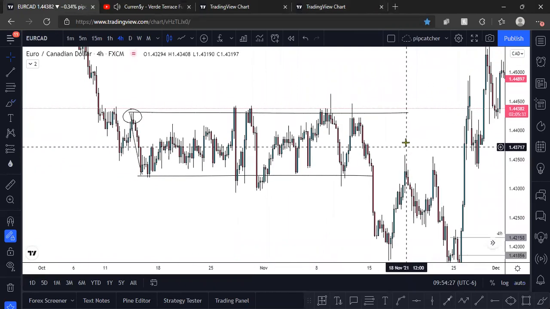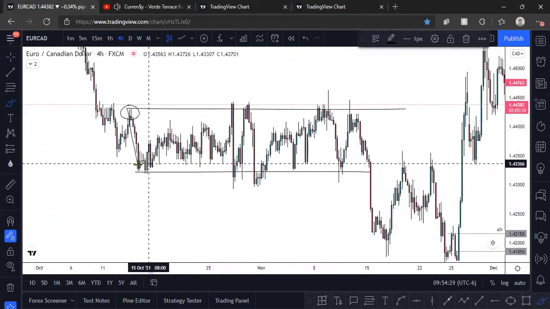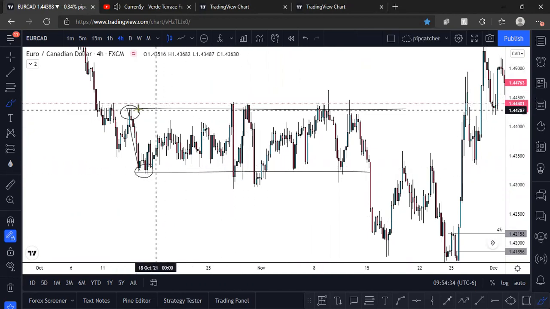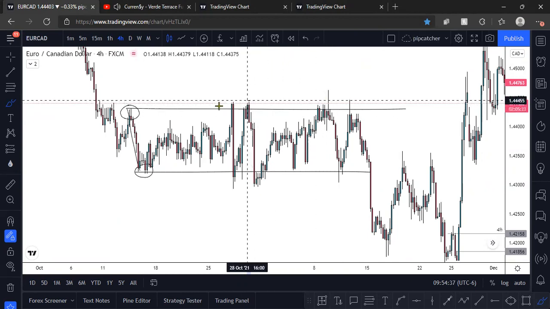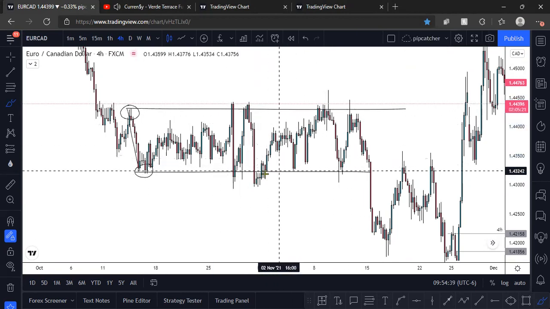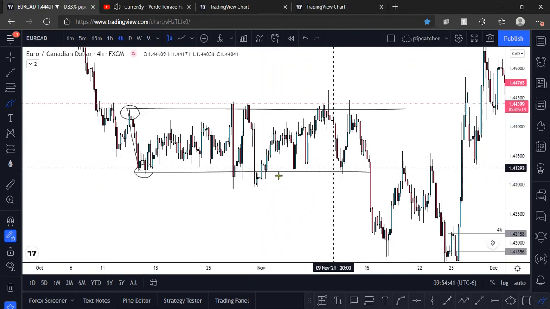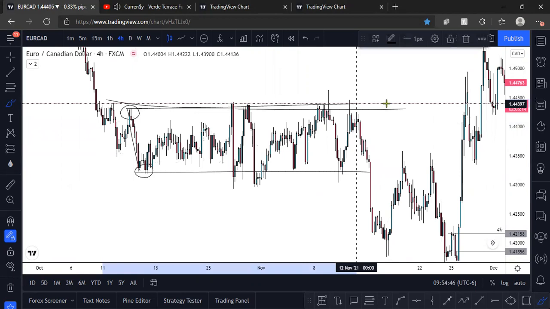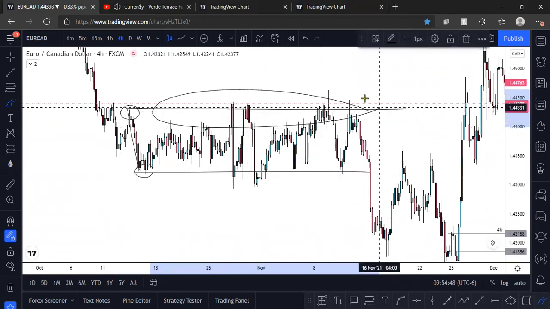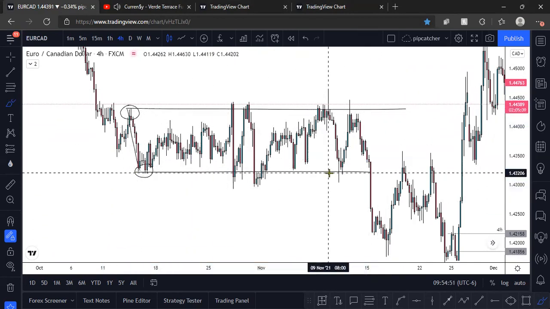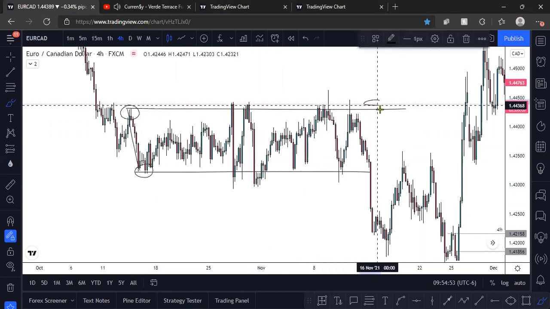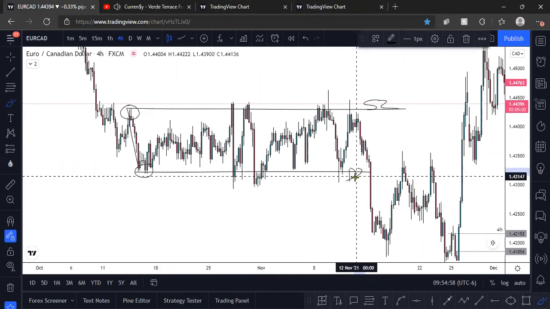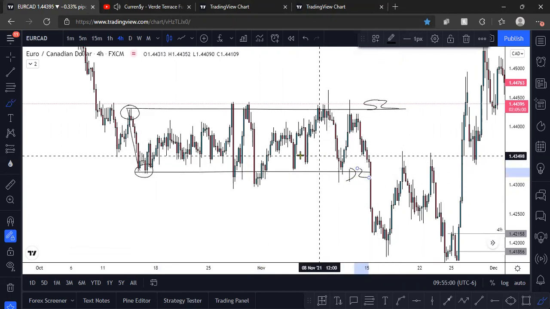You could be playing ping pong, buying from this level, selling from this level, buying from these levels. But you're still kind of guessing in between this supply and demand area. You've got a supply zone up here and a demand zone down here.